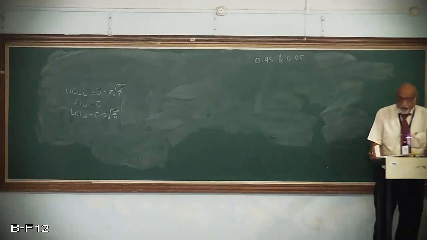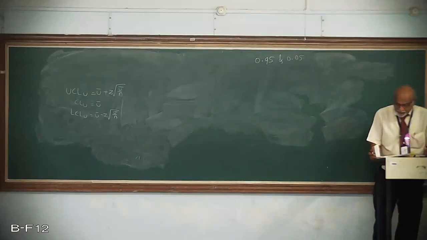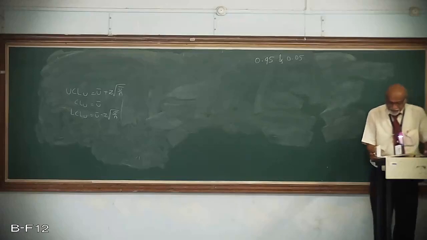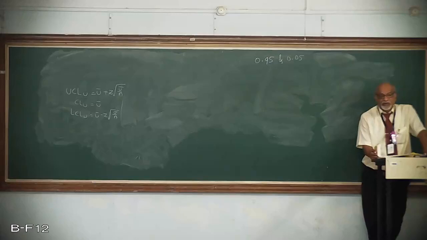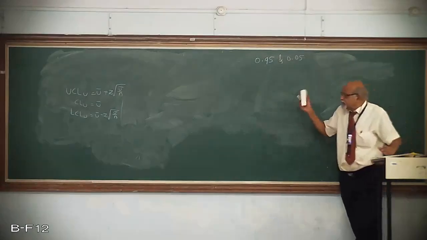At U is equal to 1, U-bar is equal to 1.5, and with N equal to 6, or sample size equal to 6, determine the correct positions of the upper control limit and lower control limit. That is what he has asked.